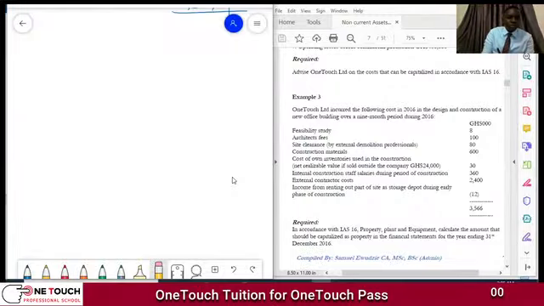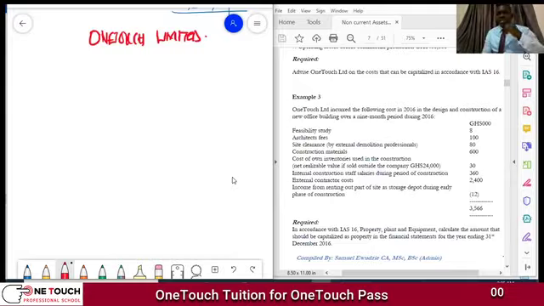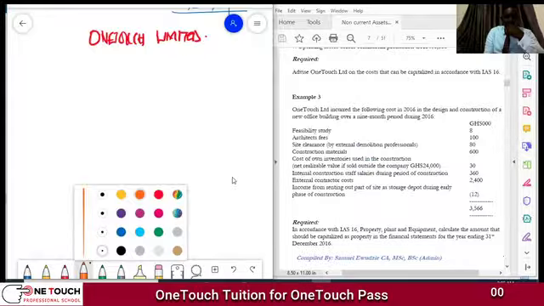So we have One Touch Limited. Okay, good. So feasibility study. Now, the feasibility study cannot be included. Why?